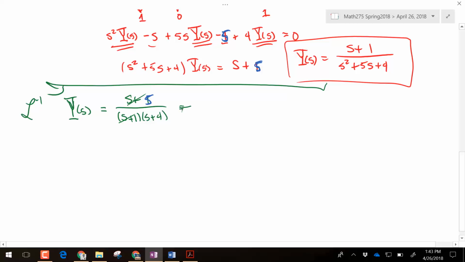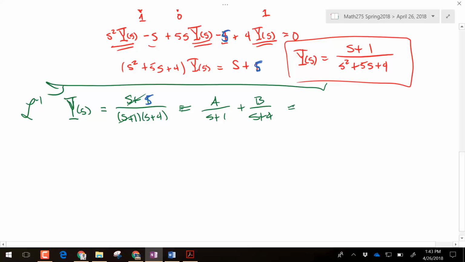This is going to be A over s plus 1 plus B over s plus 4. So there's a method that they taught you guys in Calc 2 or whatever, but there might be another method that might be useful.